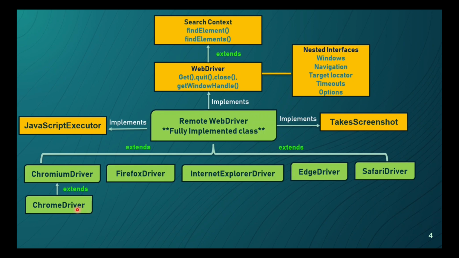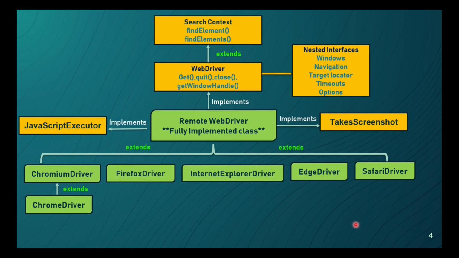Next we have the browsers. These are the browsers supported by Selenium, and the remote WebDriver extends these classes. Remember, the remote WebDriver and these browsers are classes, whereas the search context, WebDriver, nested interfaces, take screenshot, and JavaScript executor are interfaces. Okay, this is the complete hierarchy of the Selenium classes and interfaces.